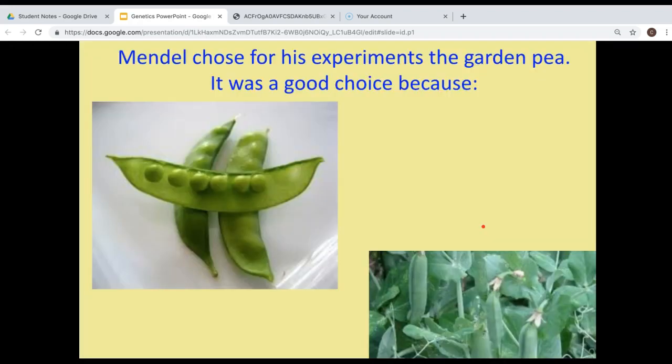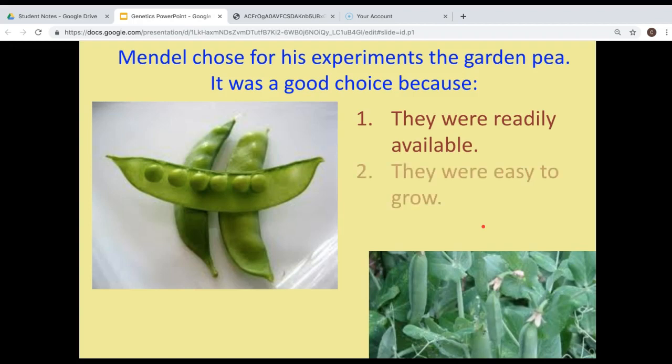Okay, so why did Mendel choose to do these experiments with pea plants? He did so for a couple reasons. Number one, let's go ahead and write this down for B. They were readily available at that time. Peas were a crop that was easily obtained. They grew very easily.